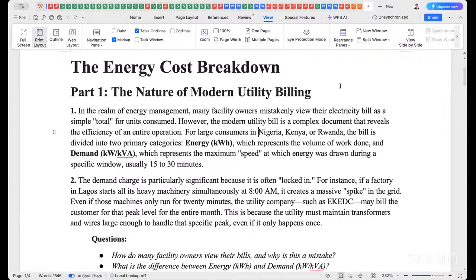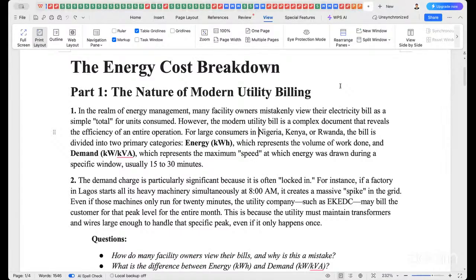For large consumers in Nigeria, Kenya, or Rwanda, the bill is divided into two primary categories: energy in kWh, which means kilowatt-hours, which represents the volume of work done, and demand, kW or kVA, which represents the maximum speed at which energy was drawn during a specific window, usually 15 to 30 minutes.